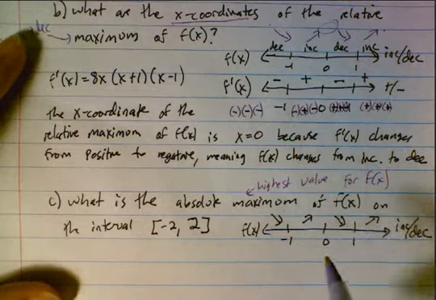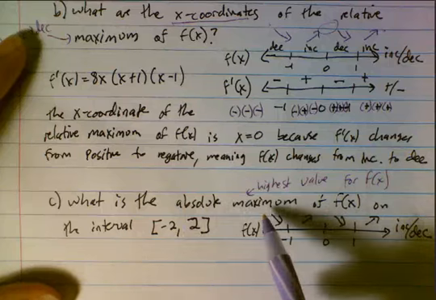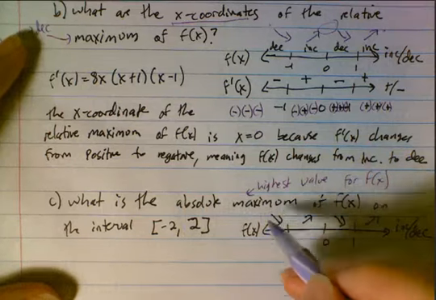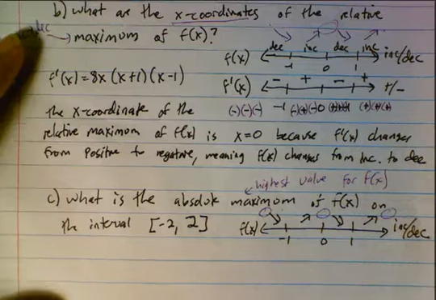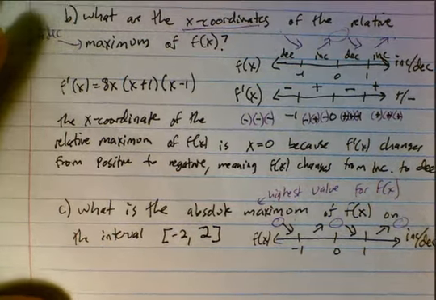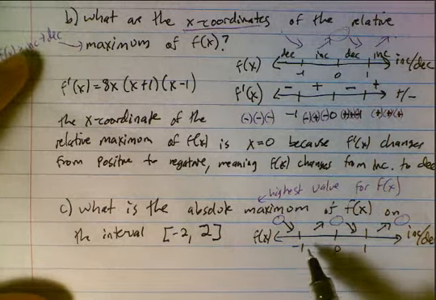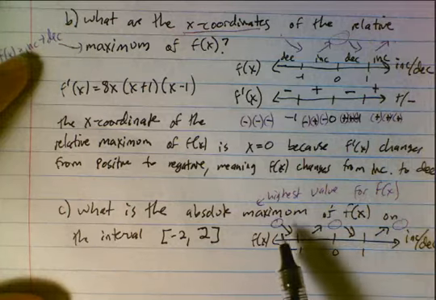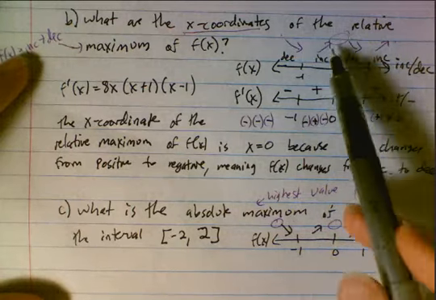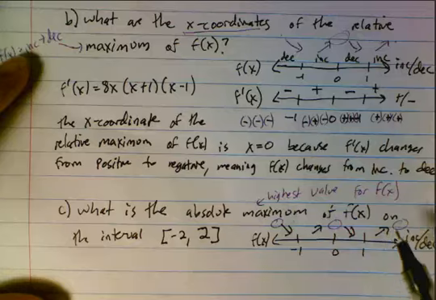Now notice that this is not asking for relative maximum, but rather absolute maximum. So in this case, we look at all of the places where f of x starts decreasing or stops increasing. So relative maximum, just where it switches. Absolute, we're looking at the endpoints as well.